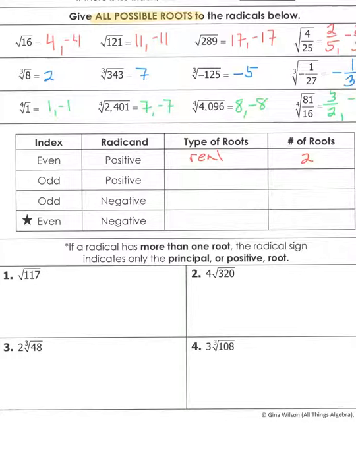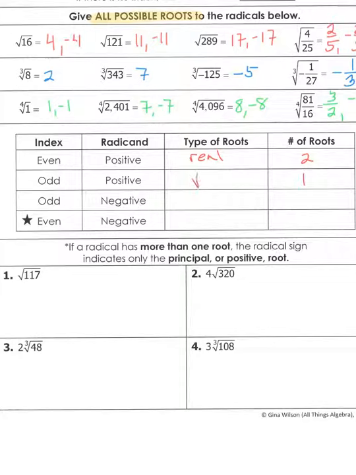Well, there is such a thing as an imaginary root, one that doesn't exist, and we're going to talk about that in a minute. Then, if you have an odd index like 3, 5, 7, 9, and the number under the radical is positive, you are going to have 1 real root because it's going to be a positive answer.